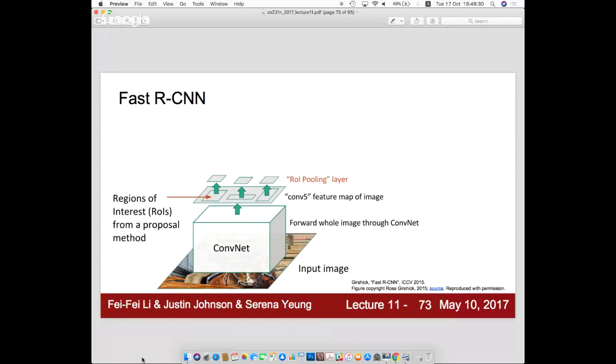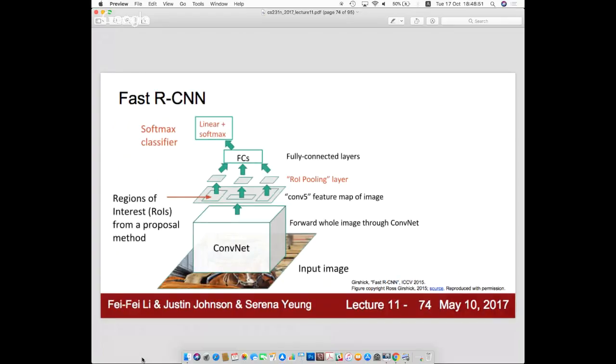Then all those different ROIs are warped into a ROI pooling layer. Not warped, sorry, they're summarized into a ROI pooling layer. It's a pooling algorithm, it's not warped.